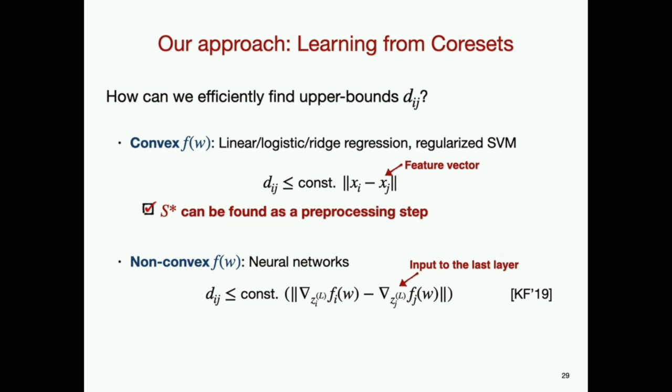For example, if you are training a classification model, we have a softmax cross entropy, and the gradient of the cross entropy with respect to the input to the softmax just becomes the logit vector. So we do a forward pass, we get the logit vectors, we cluster the logit vectors, we take the centers, we train on them, and we move on. But if you notice, this still depends on W. So we have to update this subset during the training every now and then. And I will talk about when.